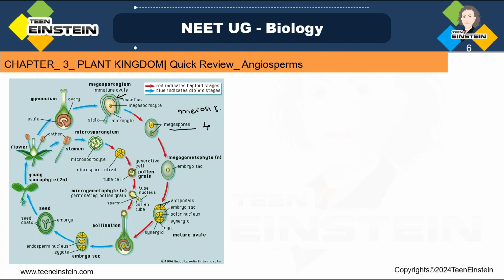So four megaspores are getting formed here, you can see 1, 2, 3, 4, and three of them degenerate. These three megaspores will degenerate.